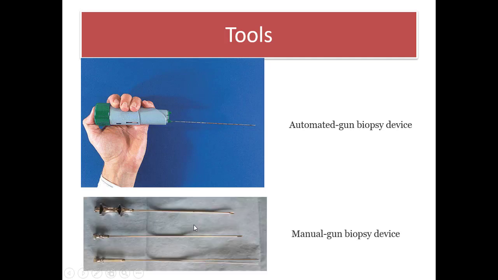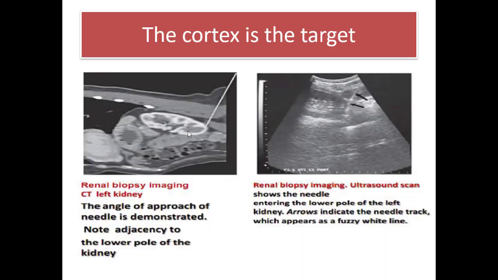Those were the old needles for kidney biopsy, the manual gun, but we now have the automated gun biopsy, and this is the cortex, which is the target. This is by the ultrasound, and this is by the CT.